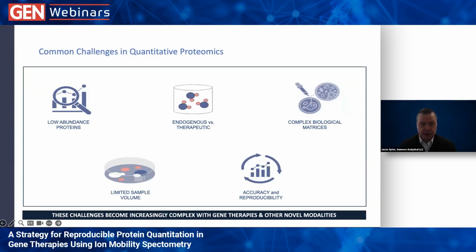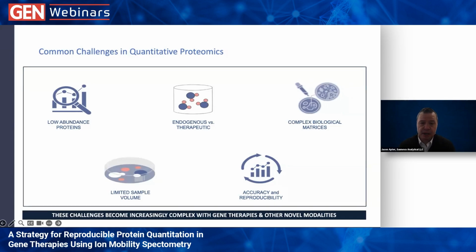First of all, with certain therapeutics, you're really looking at low abundance proteins, and the ability to see them at very low sensitivity levels is important. The other challenge that we've seen commonly is understanding the difference between the endogenous compounds versus therapeutic proteins. A third that we're very familiar with is the complexity of biological matrices.